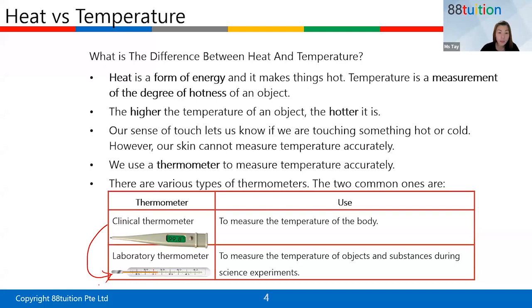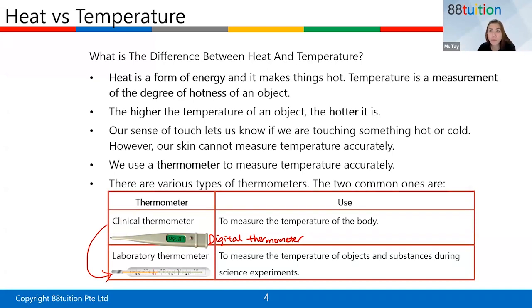Clinical thermometer is this. This is the digital thermometer. All right. And then if you talk about laboratory thermometer, it is the very long type. I think there's a slight error here. Don't worry, I'll get them to make the change. Because I'm very familiar with this, I have to show you.